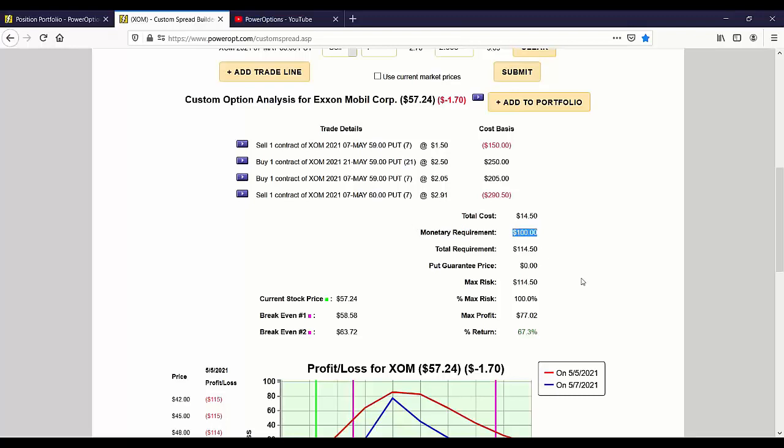So you might want to consider that, or you could always do the opposite, close the bull put and then do the bear call, or just close this horizontal put spread, and open a put spread at the 57 strike as a management technique, or maybe further structures.